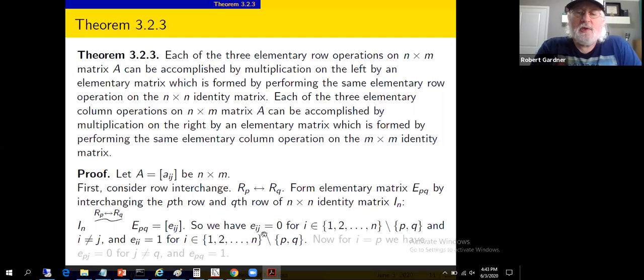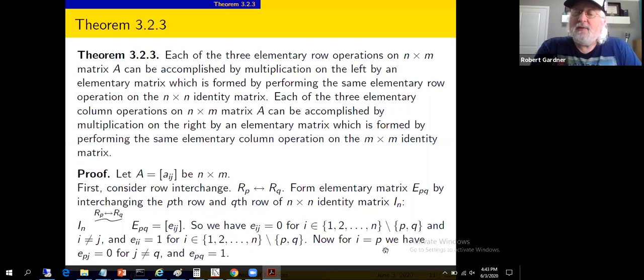In other words, the non-P and non-Q rows of matrix E sub PQ are the same as the corresponding rows of the identity matrix. So 1 along the diagonal and 0s off the diagonal, except for row P and row Q. So we need to look at row P and row Q and see what we got going on there.